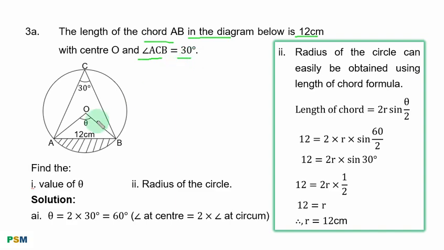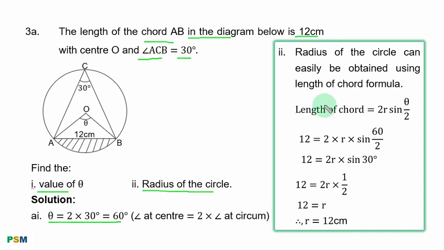Find the Roman figure 1 value of theta, Roman figure 2 radius of the circle. Theta is angle at center and it is equal to 2 times angle at circumference. Therefore, theta is equal to 2 times 30 degrees equal to 60 degrees.